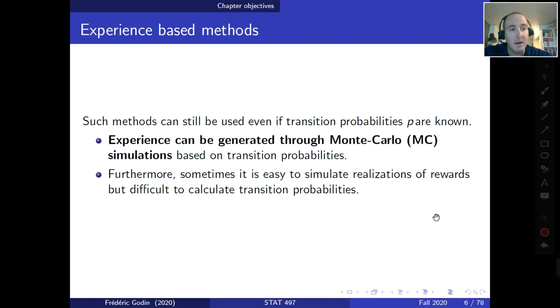Sometimes it's much easier to simulate outcomes from the Markov decision process than to calculate transition probabilities. There are many games where you could, in theory, calculate transition probabilities, but these would involve pretty complicated combinatorial calculations, so it might be simpler not to compute them at all and use the reinforcement learning algorithm.